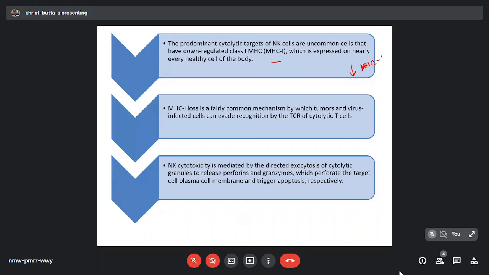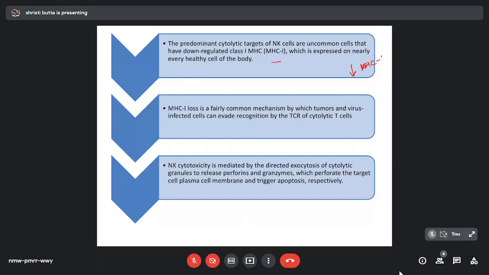MHC1 loss is a fairly common mechanism by which tumors and virus-infected cells can evade recognition by TCR of cytolytic T cells. NK cytotoxicity is mediated by directed exocytosis of cytolytic granules to release perforins and or granzymes, which perforate the target cell membrane and trigger apoptosis.